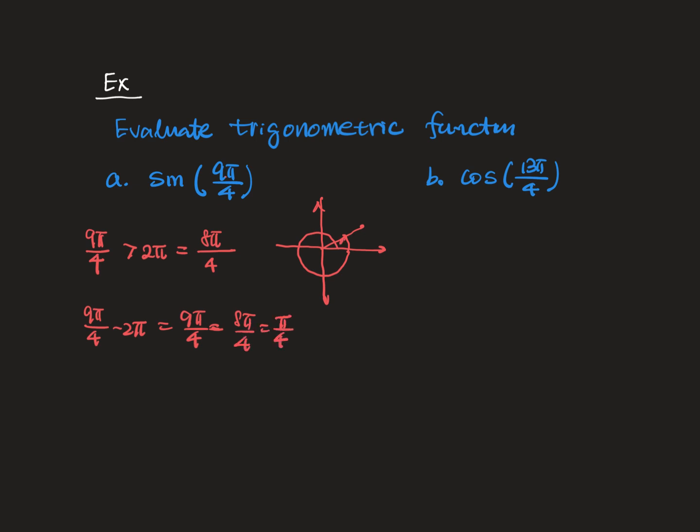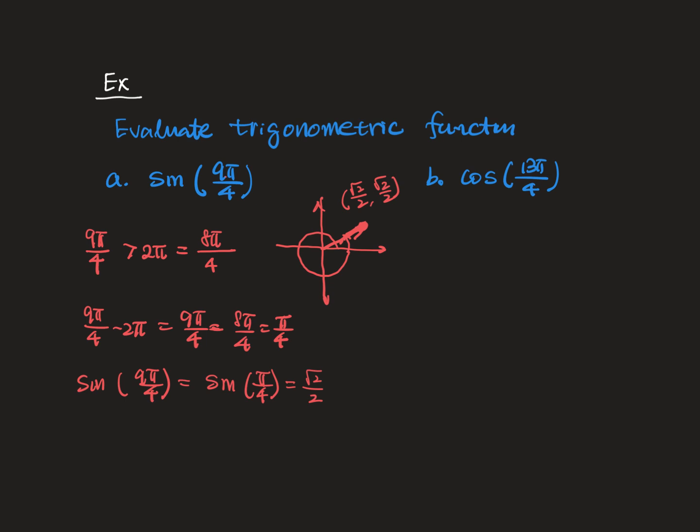This has exactly the same trigonometric value. So sine 9 pi over 4 is exactly sine pi over 4. Here is the coordinate on the unit circle, square root 2 over 2, square root 2 over 2. So sine pi over 4 is going to be square root 2 over 2. That's how to use a coterminal angle here, guys.